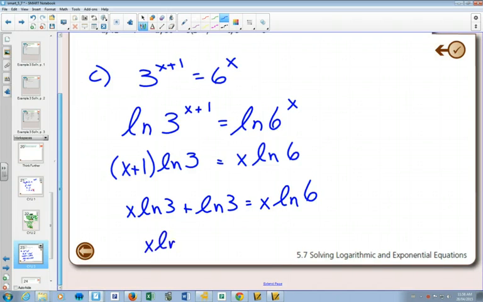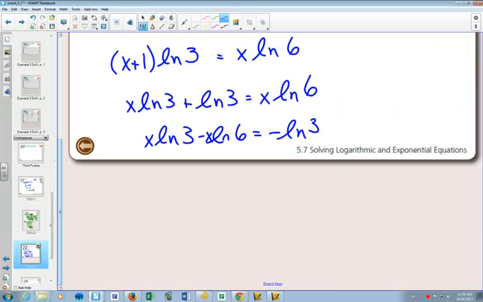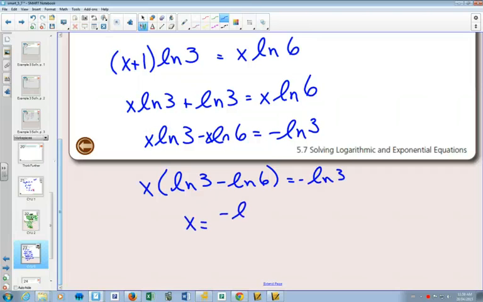So I'm going to subtract x log 6 from both sides and subtract the natural log of 3 on both sides. And then since there's an x in both of these, we can get a single x by factoring it out. And then we can get x by itself by dividing.